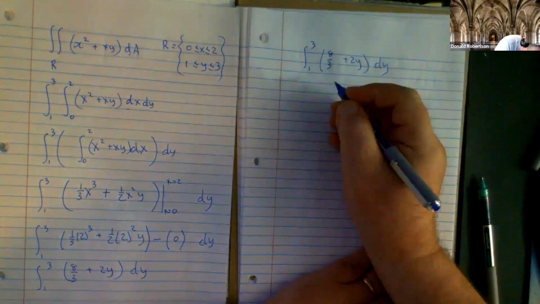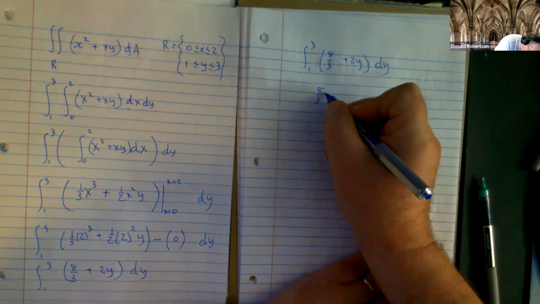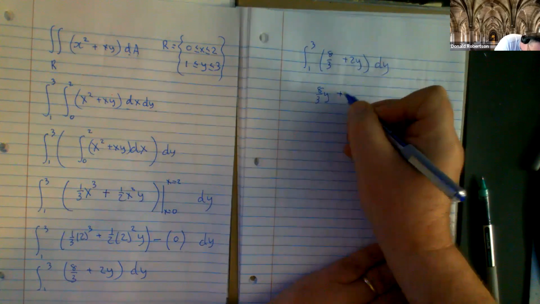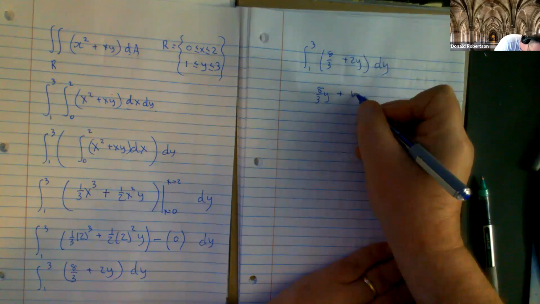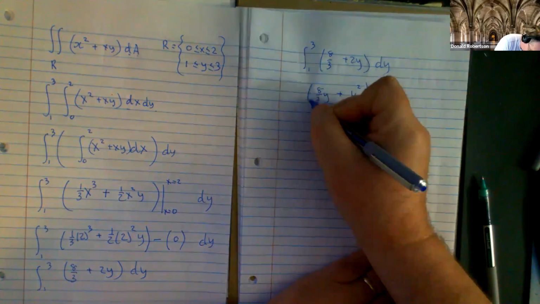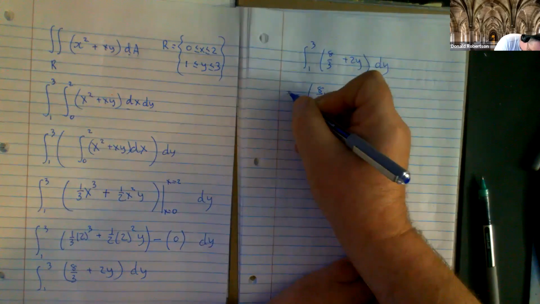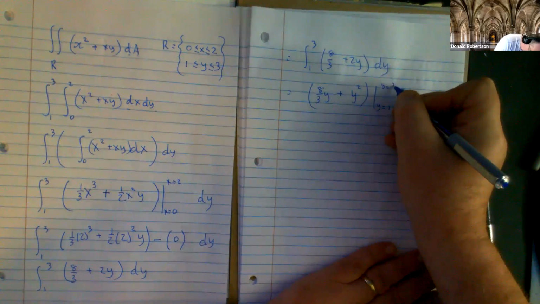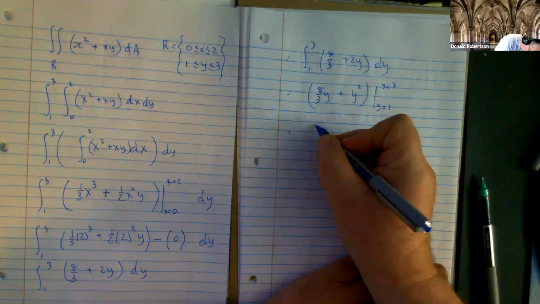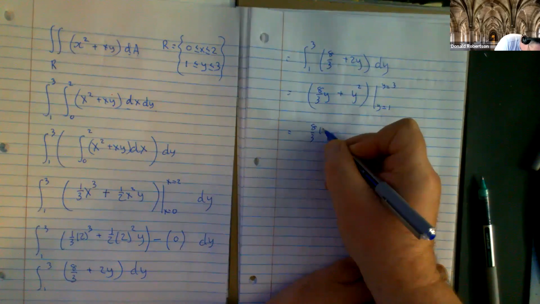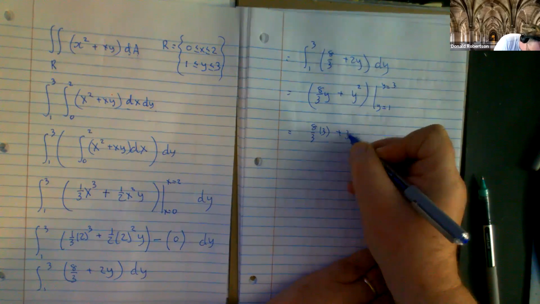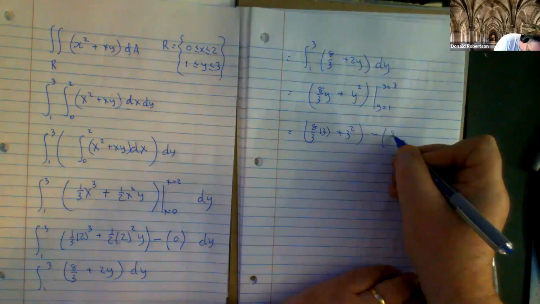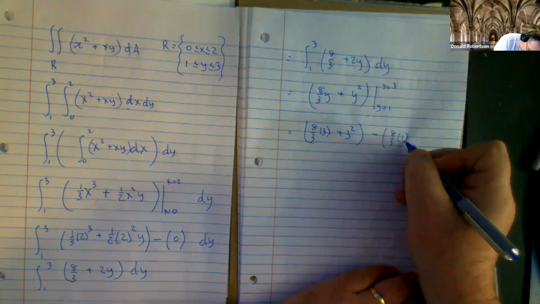And you integrate 8/3 with respect to y, and you integrate 2y with respect to y, and then you evaluate it at y equals 1 to y equals 3. And so you're going to get 8/3 times 3 plus 3 squared. Take away 8/3 times 1 plus 1 squared.